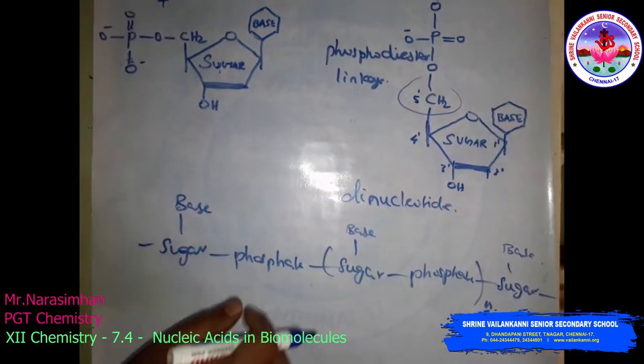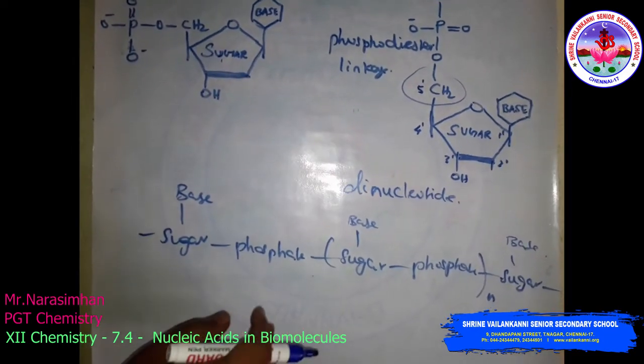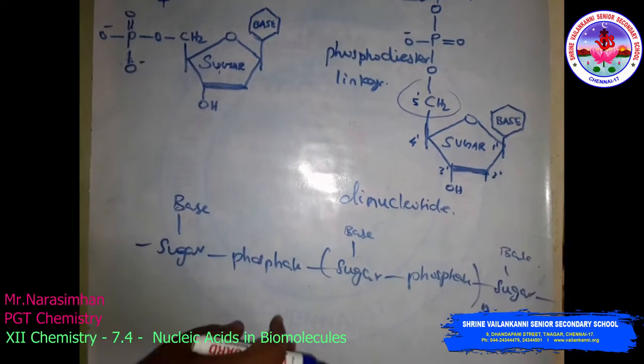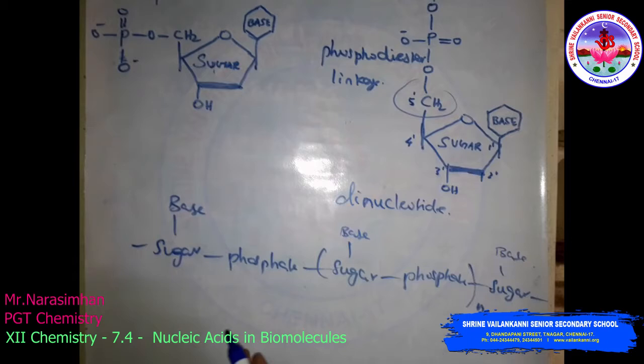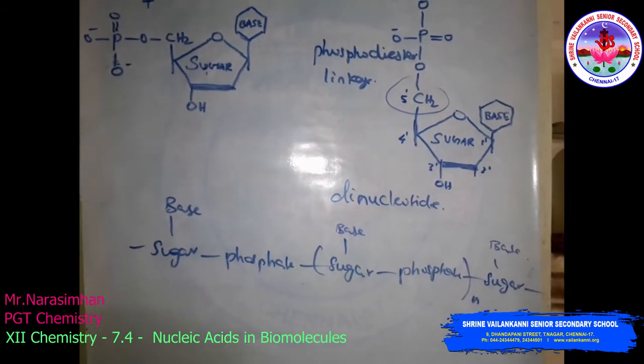In the secondary structure of RNA, the helices are present which are only single stranded, and sometimes they fold back on themselves into a double helix structure.